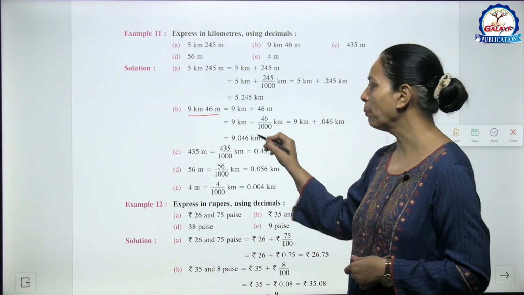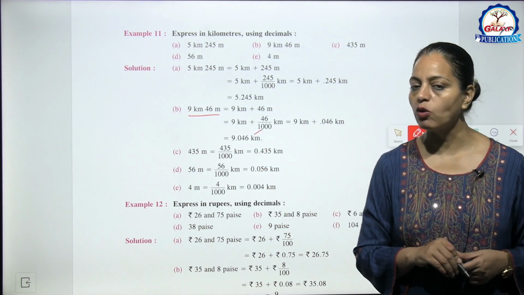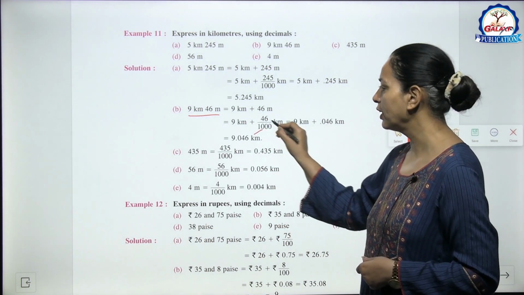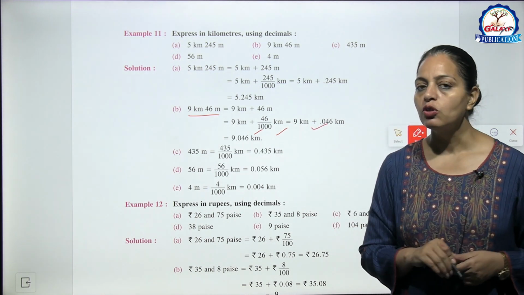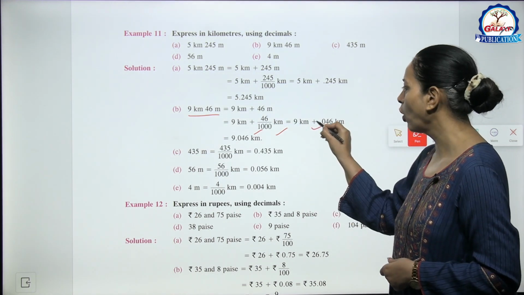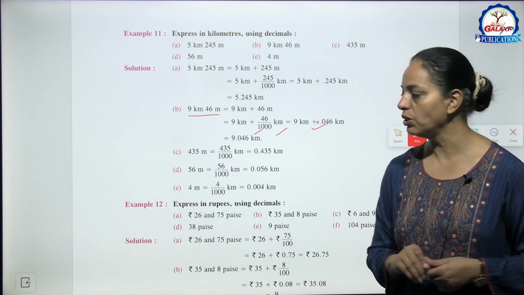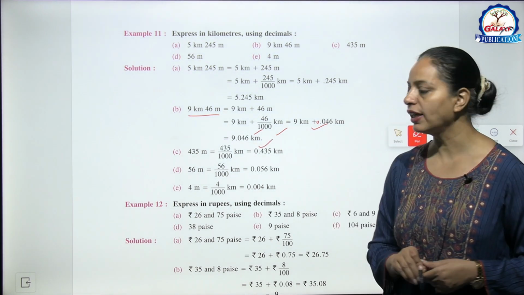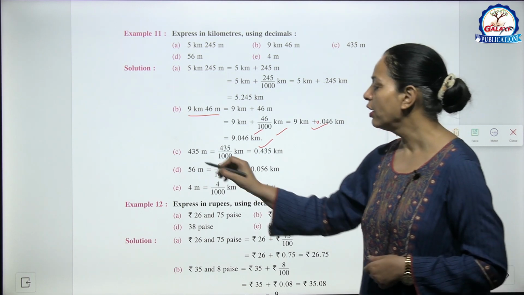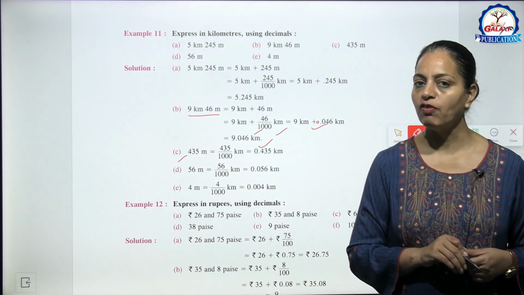B part 9 kilometer 46 meter. So 9 kilometer plus 46 upon 1000 kilometer. Now we will convert into decimal. So 9 plus 0.046 kilometer. We will add these two. This is the answer. Now C part 435 meter.